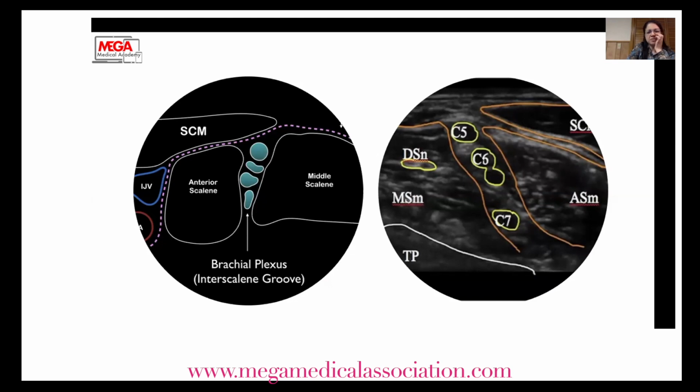Previously people used to think this is C6 and this is C7 and C8. Recent research has shown that this is the same nerve, C6, that is split at this level. So it's very important not to go in between these two branches, because if you put your needle in between two branches, you might end up injecting inside the nerve itself and causing nerve damage.